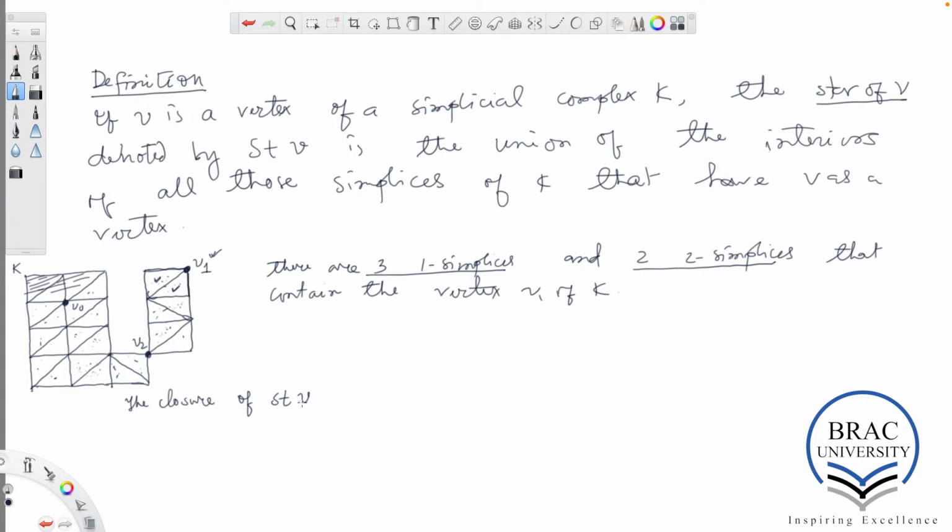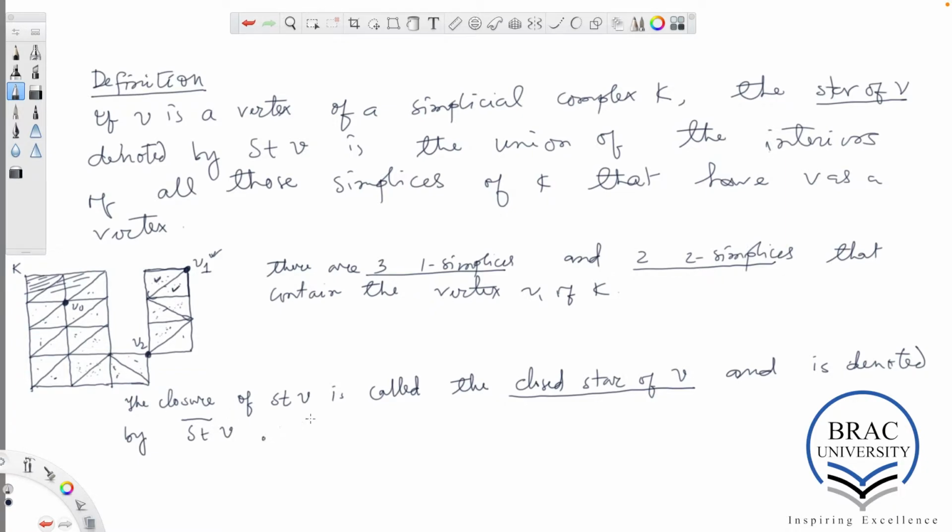The closure of this set is called the closed star of the vertex v, and is denoted by overline star of v.